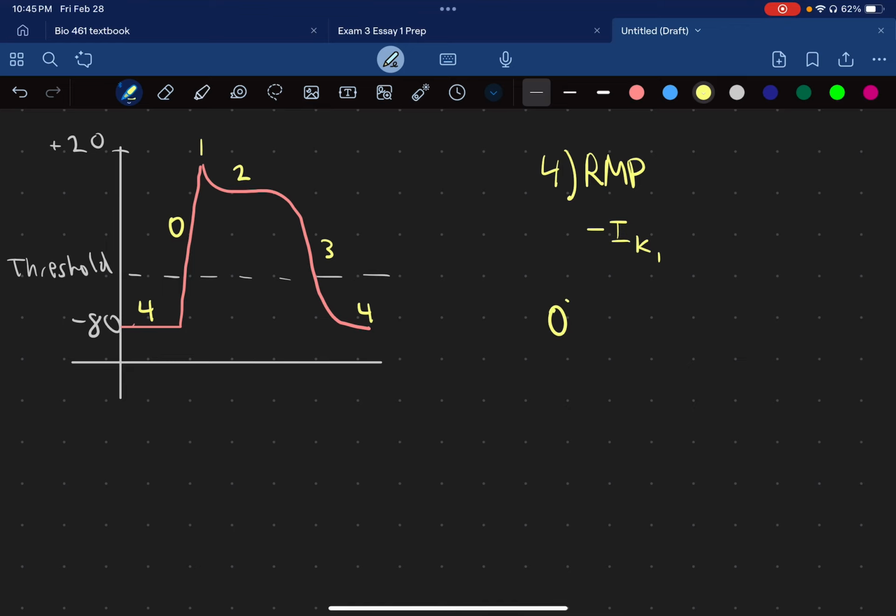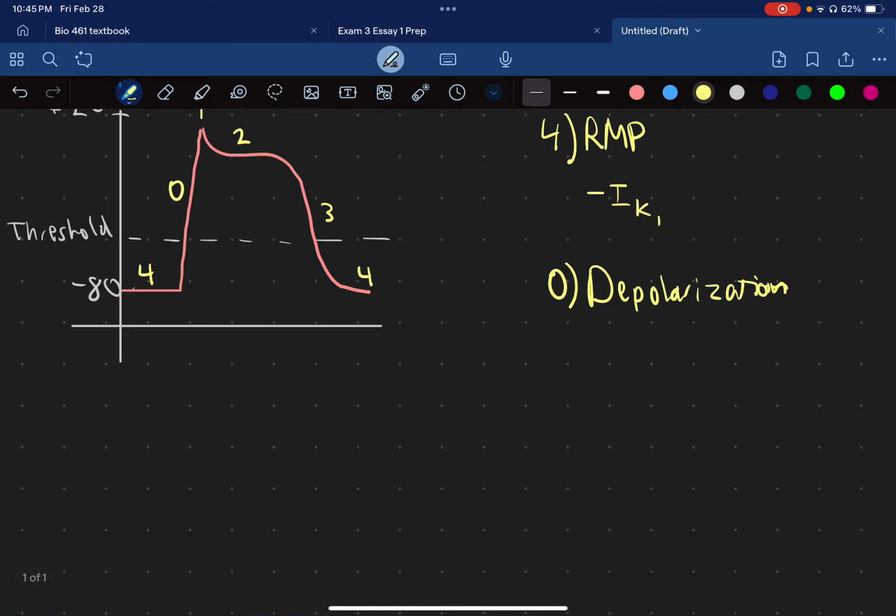Then phase 0 is going to be depolarization. What's going to happen here at phase 0 is there's going to be voltage gated sodium channels. They're going to sense an action potential and they're going to open. So the voltage gated sodium channels open.